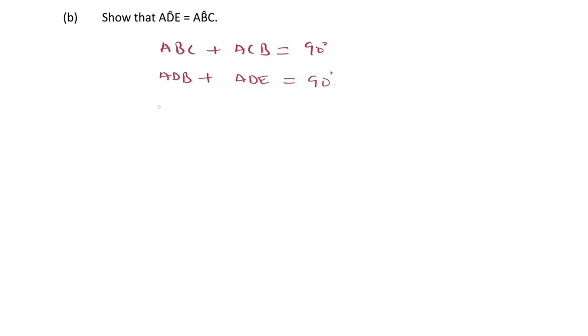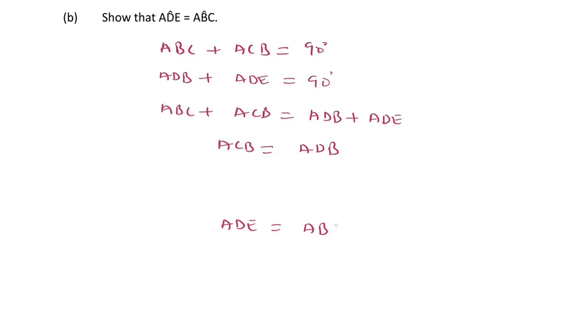This implies that angle ABC plus angle ACB equals angle ADB plus angle ADE. But angle ACB equals angle ADB because they are both formed with the same segment AB. Then we can say that angle ADE equals angle ABC, and this has been shown.